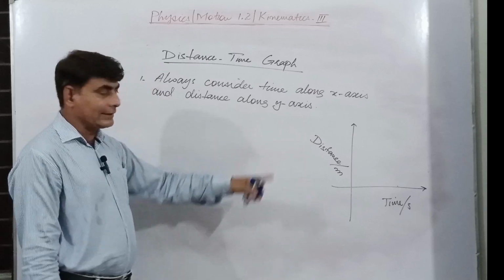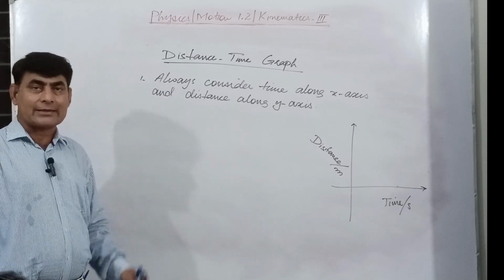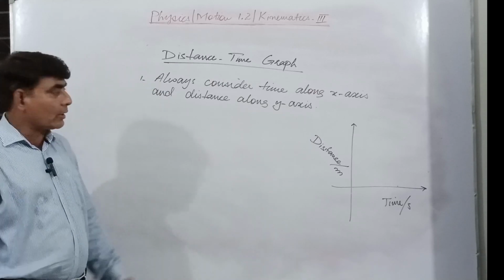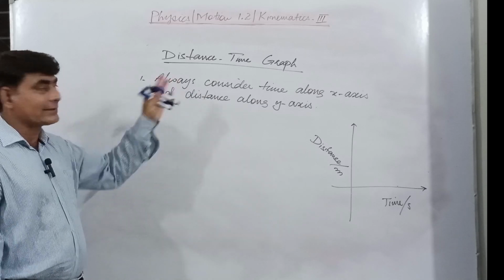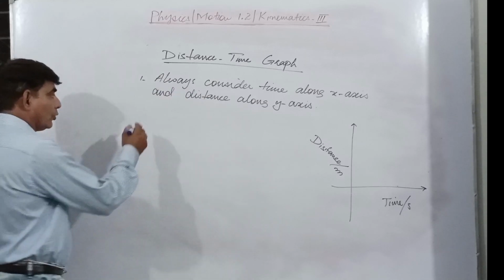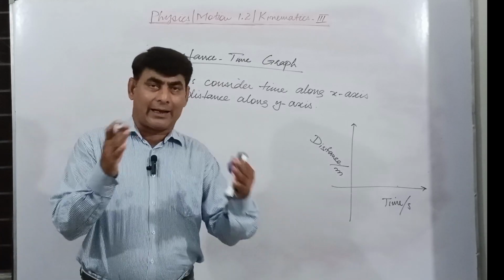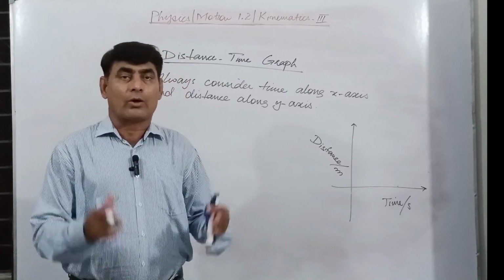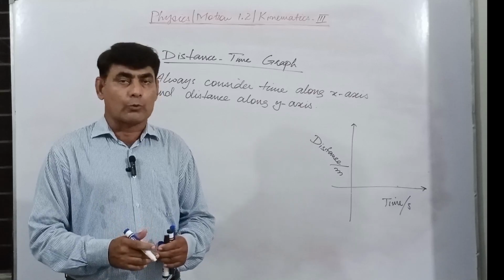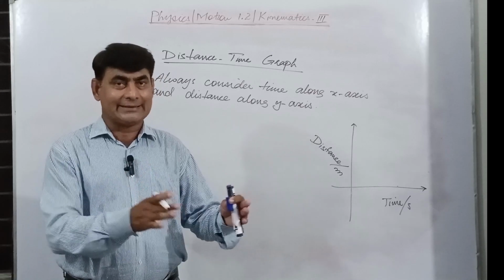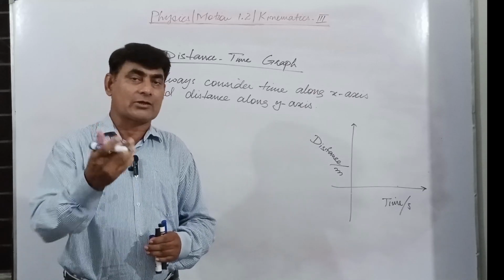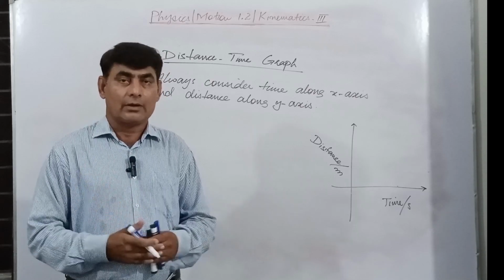So always consider time along the x-axis and distance along the y-axis. Now we are talking about the distance time graph. So the second point: a line parallel to the time axis or x-axis always represents a stationary state, a state of rest.